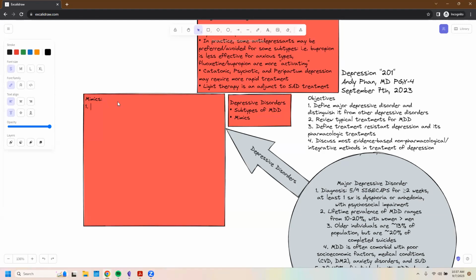One example could be adjustment disorder with depressed mood. Good, bipolar disorder. Good. Hypothyroidism. Okay. What else? I have about 11 here. Substance use disorder. Good.